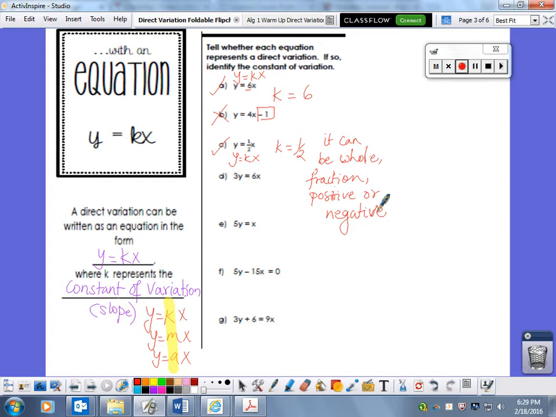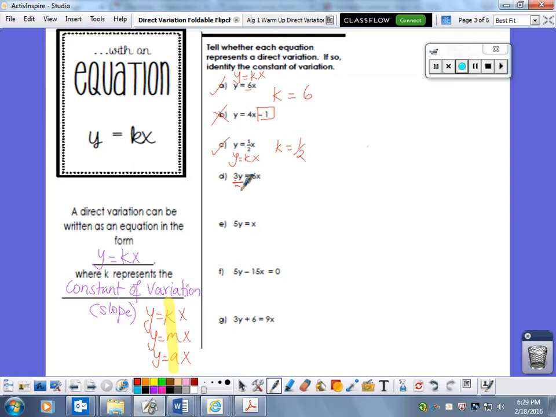So once you've made a note of that, now I'm going to erase this because I don't have space to show you how to work on letter d. Okay, it's 3y equals 6x. Now here, this is not in the form y equals kx because I have a coefficient, a number that is being multiplied to y, which is 3 here.